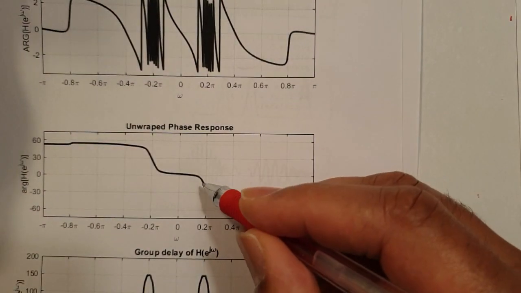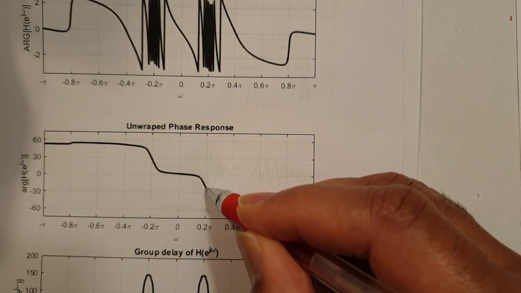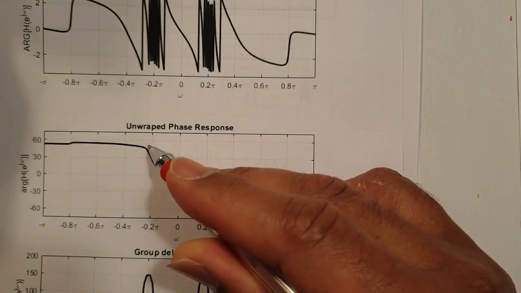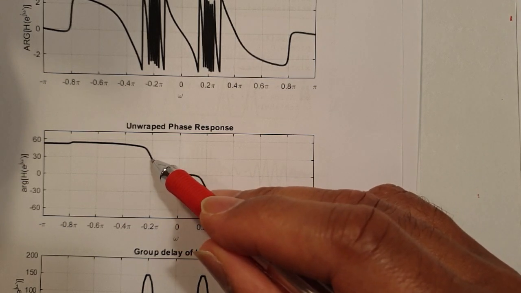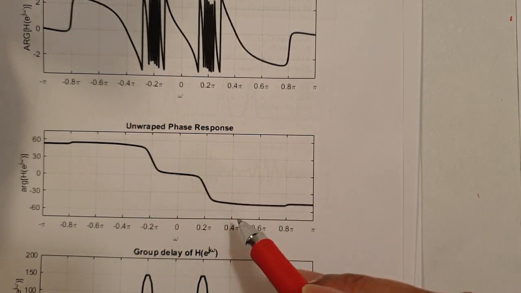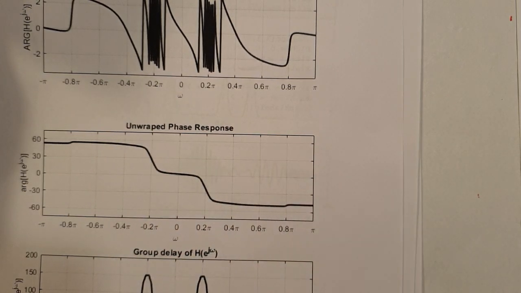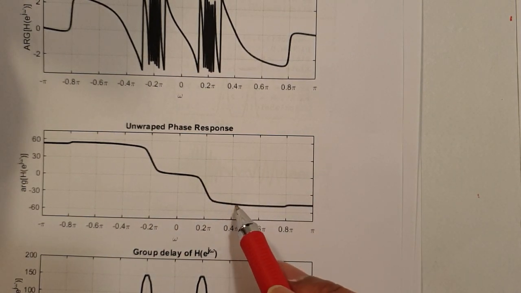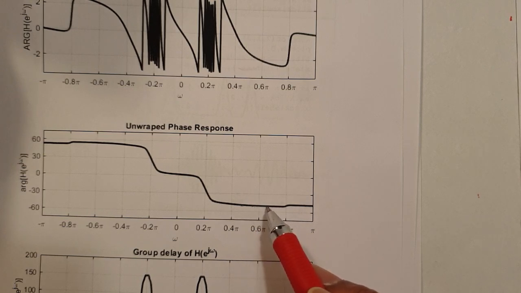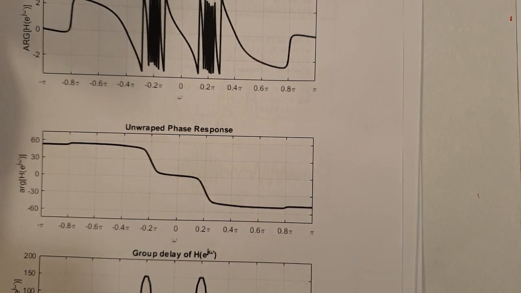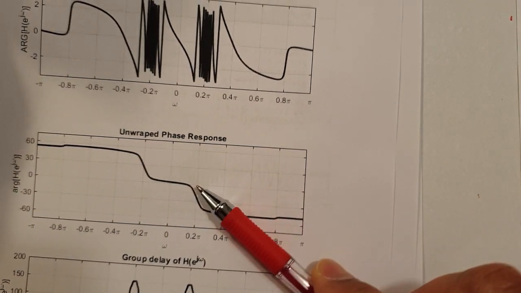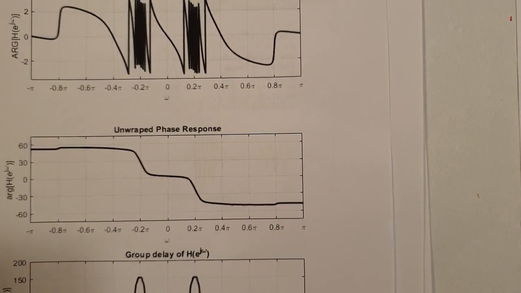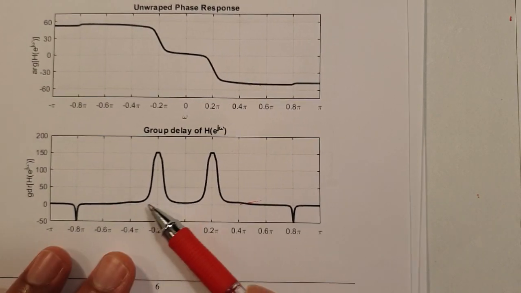So when you have a steep slope, here you have a huge delay because of this change in the angle, because this is the derivative, which is the slope of this curve. So sometimes you see the group delay is almost zero, where the slope is close to zero. Okay, because one is the derivative of the other. So this is the group delay.